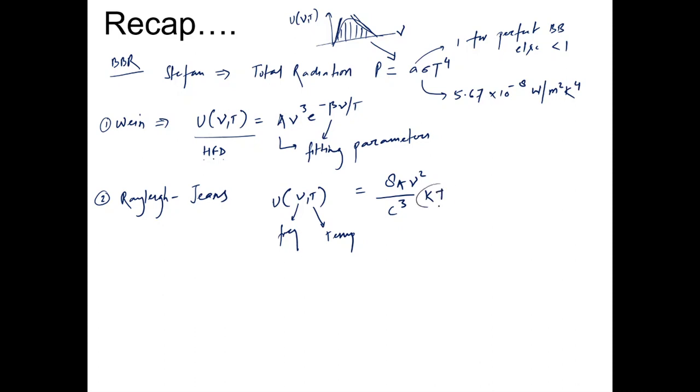You remember this kT was basically the average estimated energy of the system. Just to recollect, the assumption here was that the exchange between radiation and matter is continuous in nature, and that's why you see this term kT derived by the integral of the overall energy of the system.